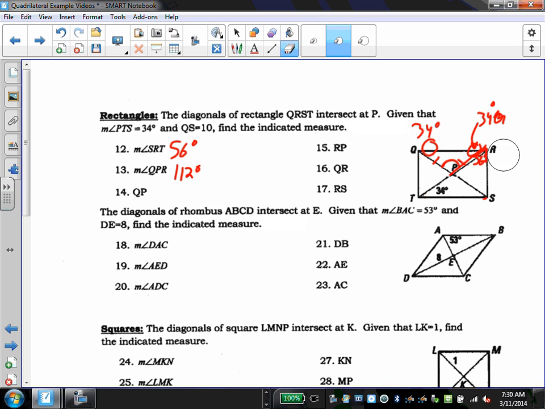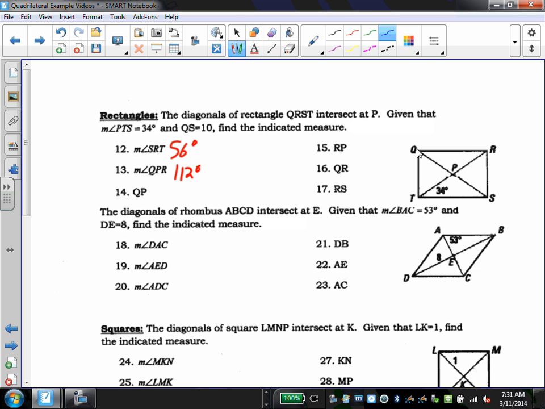And now we just have to find some side lengths. Okay, first off, QP. Well, we know that all of QS is 10, which means that if we take these halves, that's 5, that's 5. And remember, rectangles are special in that their diagonals are the same length. So we know that this is 5 also, as well as this.